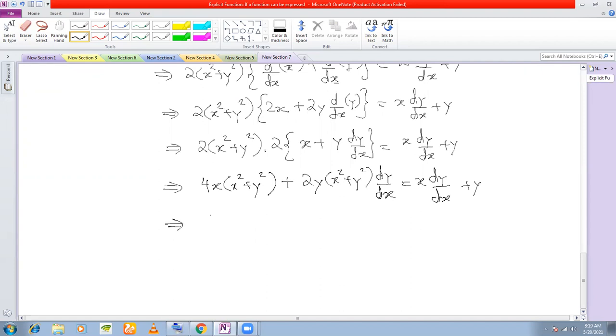Now you take the dy dx together. 2y is equal to y minus 4x into x square plus y square.